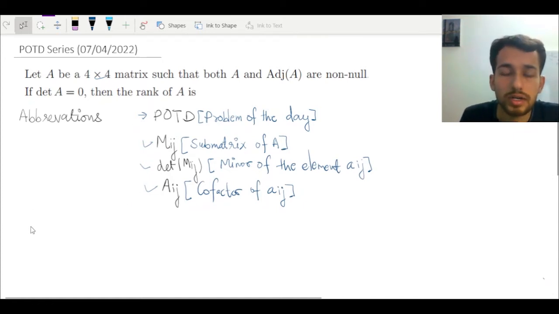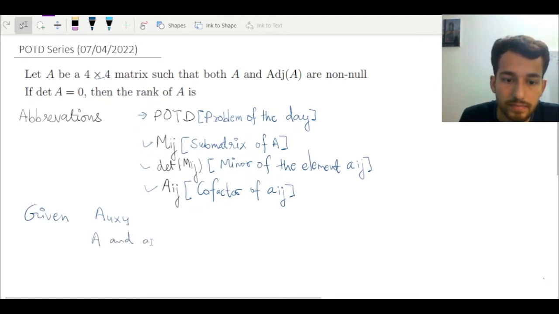Let's first note down the given information so that we can draw some important conclusions from it. What we are given: a matrix A of 4 by 4 order. Further, it is given that A and adjoint of A are non-null.